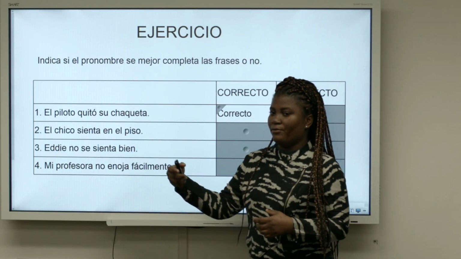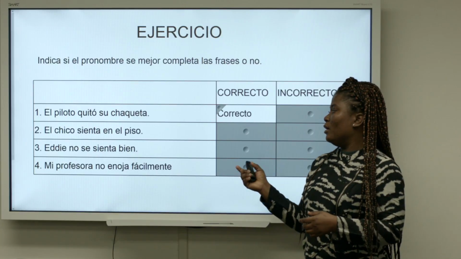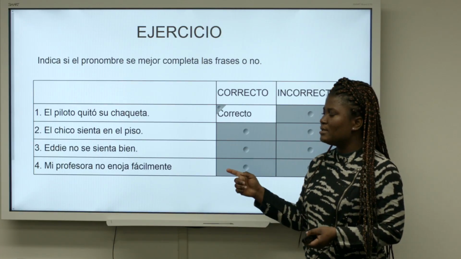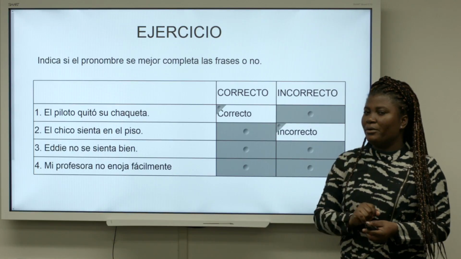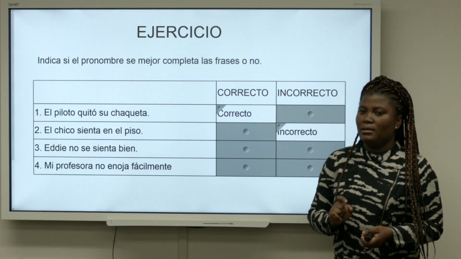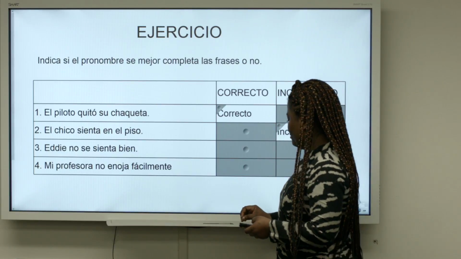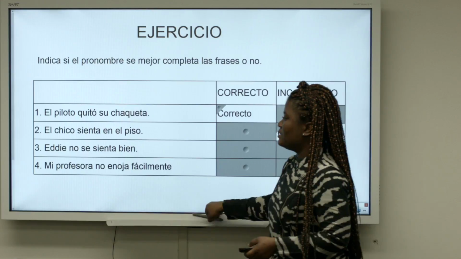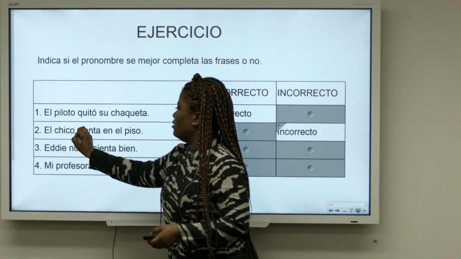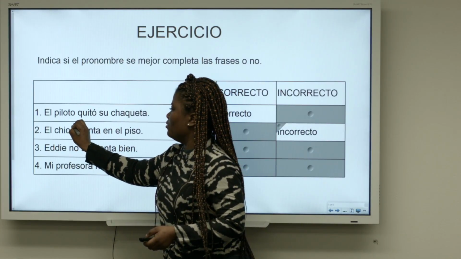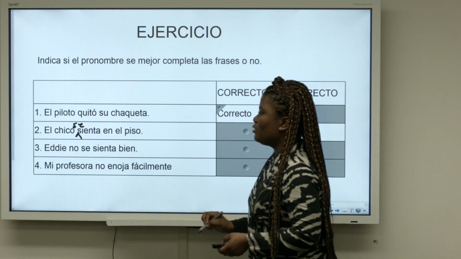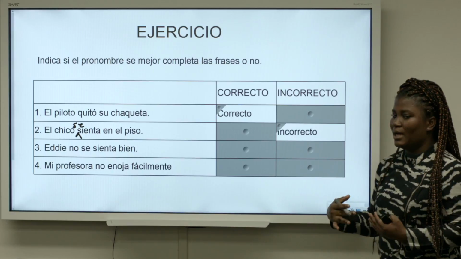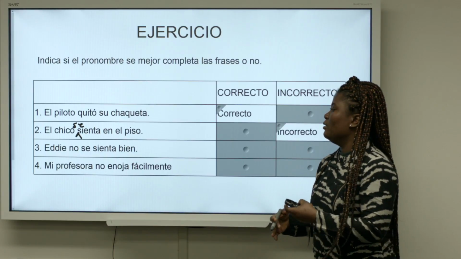And el piso means on the floor. It's just an adverbial phrase of place. So this sentence is incorrect because the se is missing. So el chico se sienta. He sits and he receives the action of sitting down.